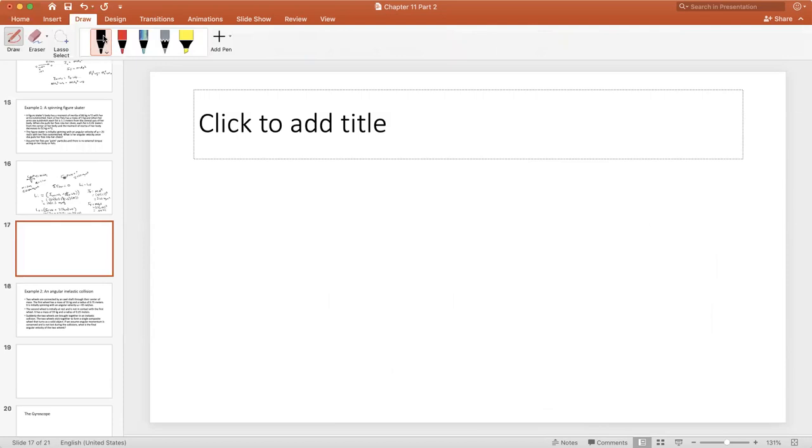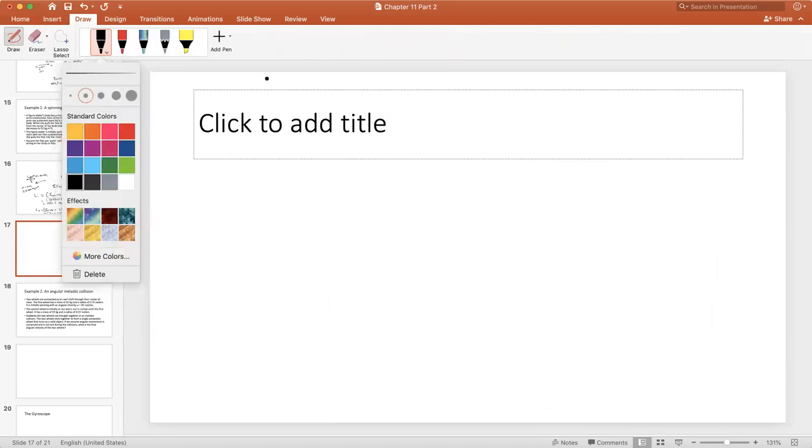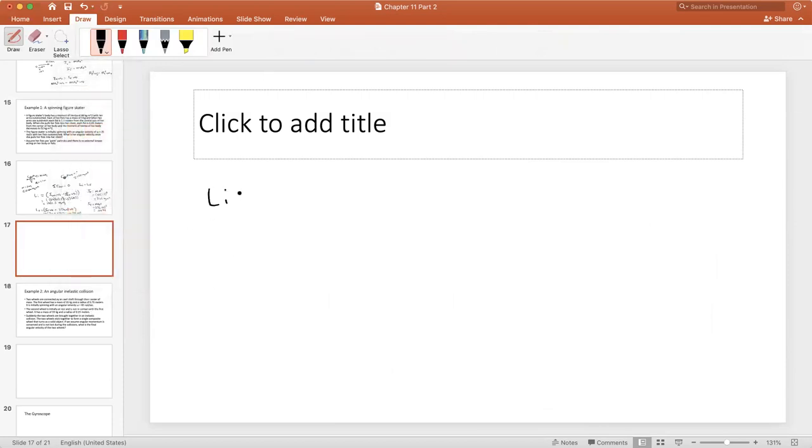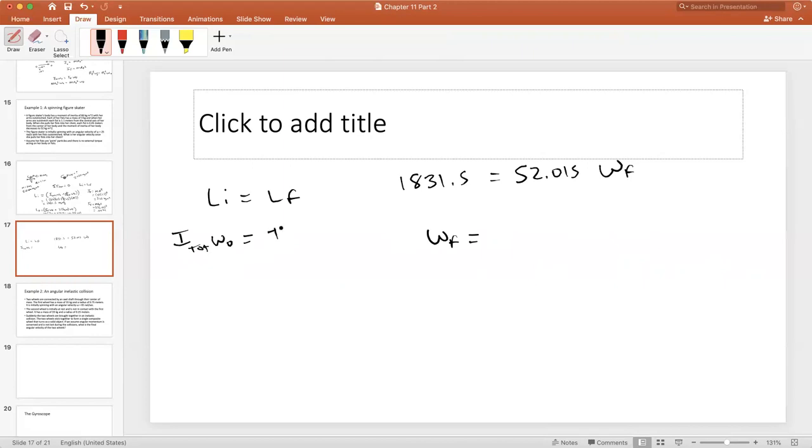And we get that L initial is equal to L final. And L initial we said was 1831.5, and L final we said was 52.015 times omega final. So symbolically, I can write this as I total initial times omega initial is equal to I total final times omega final.